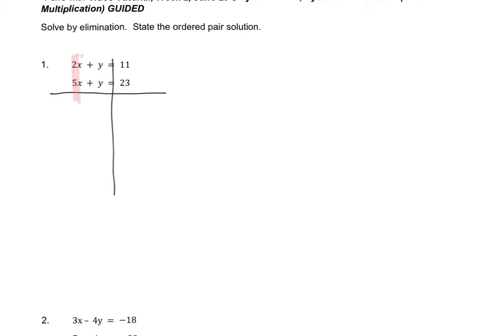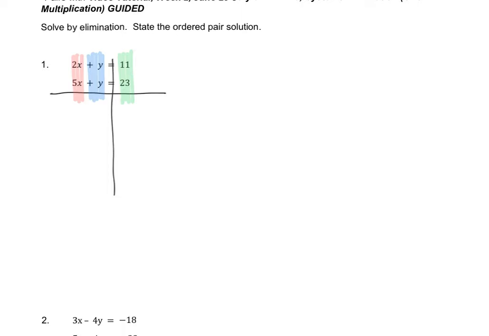We have our X's, our Y's, and our constants. And if you look, our X's aren't doing much to help us out. We have 2x and we have 5x, which are not likely on their way to zero out.